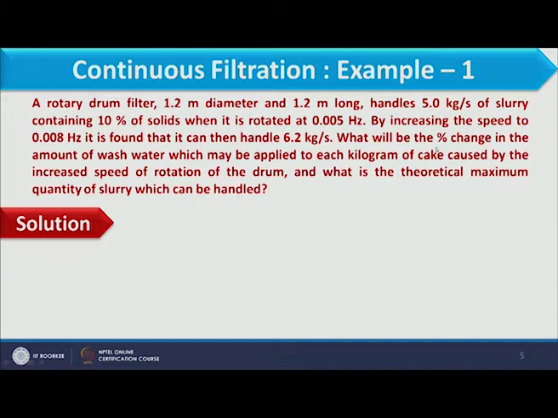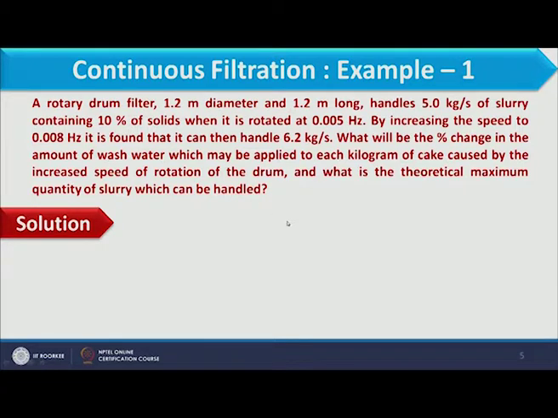What we have to calculate is the percent change in the amount of wash water which may be applied to each kg of cake, caused by the increased speed of rotation of the drum, and what is the theoretical maximum quantity of slurry which can be handled. So you see, what we have to find is the amount of wash water.